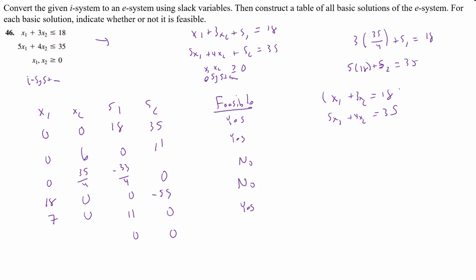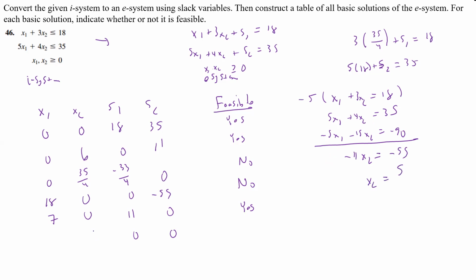And so if we multiply this one times a negative 5, we get a negative 5x1, and then minus 15x2 equals, and then the 5 times the 18 is going to be a negative 90. So here we have the 15 minus the 4, so that's going to be a negative 11 x2 equals, and then we have the 90 minus the 35, which is going to be a minus 55, so x2 is equal to 5.